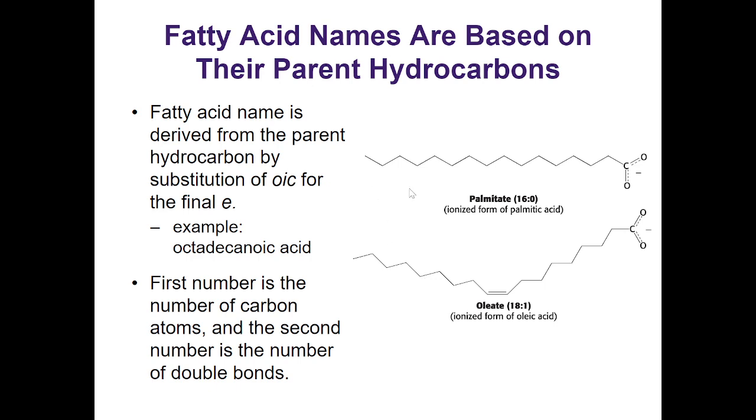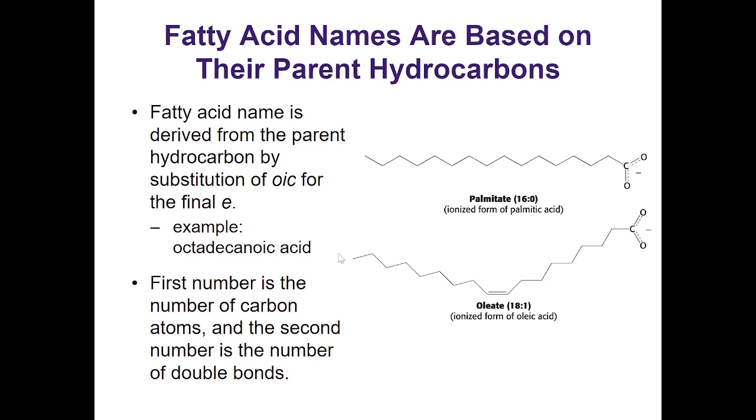The fatty acid names are going to be based on their parent hydrocarbons. So the fatty acid name is derived from your parent hydrocarbon by the substitution of oic, literally the oic form, ic acid, because carboxylic acid, right? Okay. The names are going to be things like octadecanoic acid.